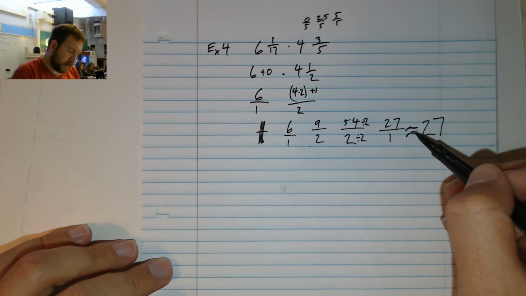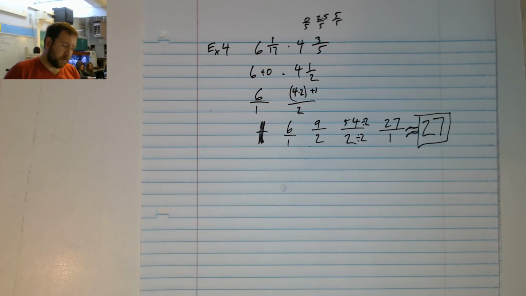But again, I should use that approximately equal to 27. So sometimes when I do end up with a half, I will need to do my typical style of multiplication.